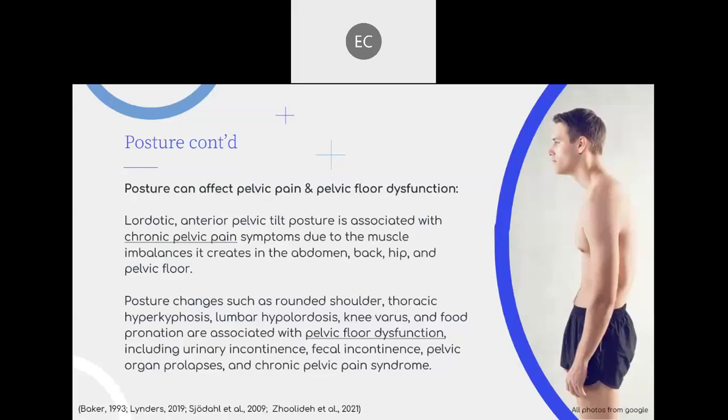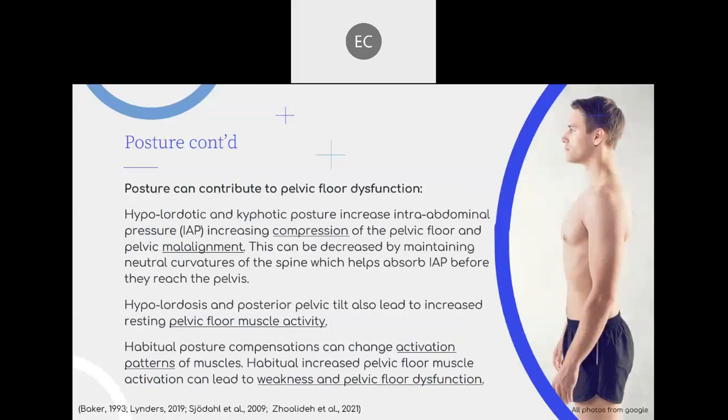And certain posture changes such as rounded shoulders, thoracic hyperkyphosis, lumbar hypolordosis, knee varus, and foot pronation are associated with pelvic floor dysfunction, including urinary incontinence, fecal incontinence, pelvic organ prolapse, and chronic pelvic pain syndrome. We often think of posture affecting low back pain, but it also affects pelvic floor dysfunction.